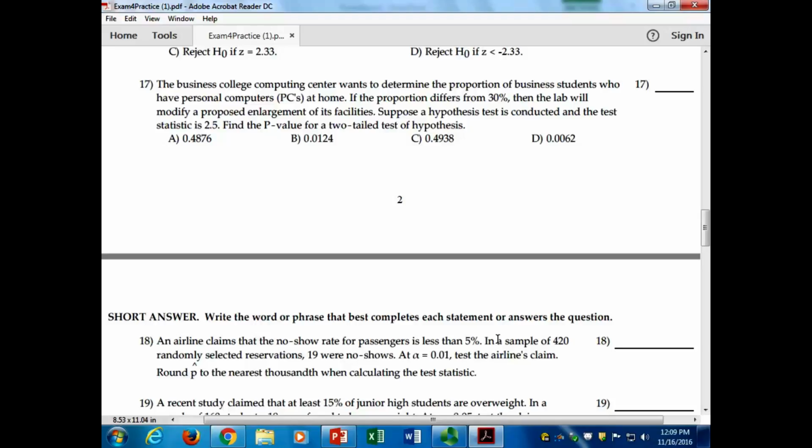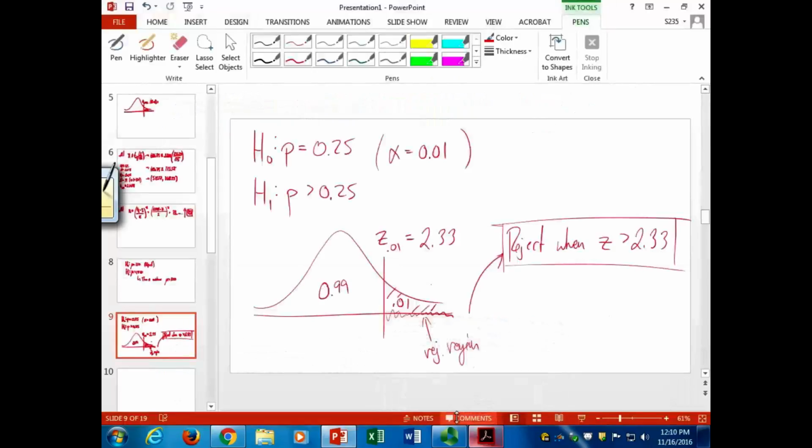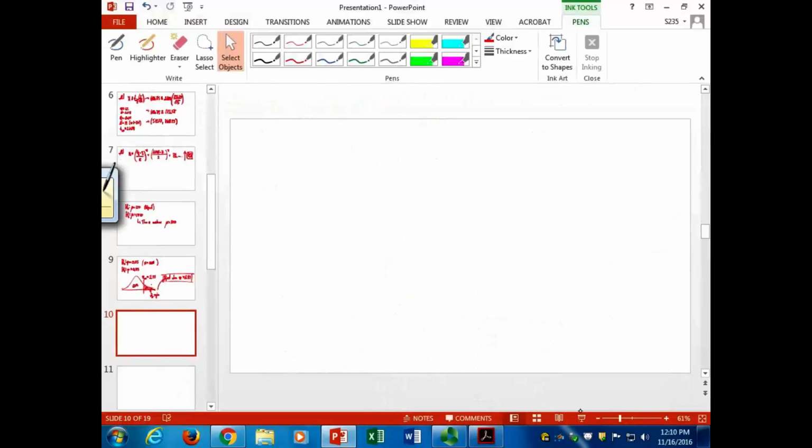So what is the actual test they're performing here? What is our null and what is our alternative? Null is always equal, alternative could be something else. So the null is like they're assuming 30%. They're interested to see if what though?